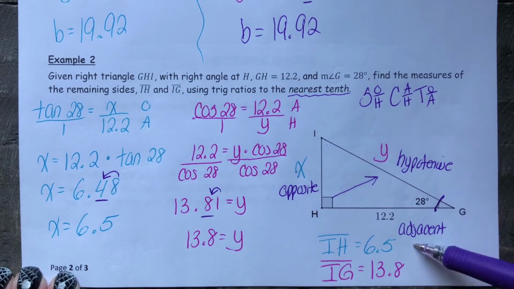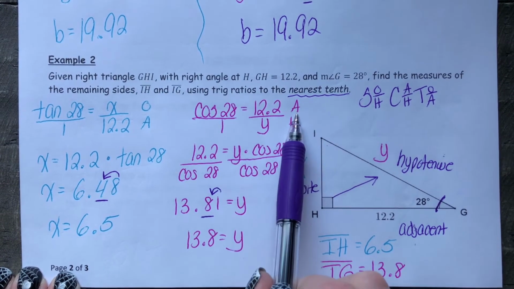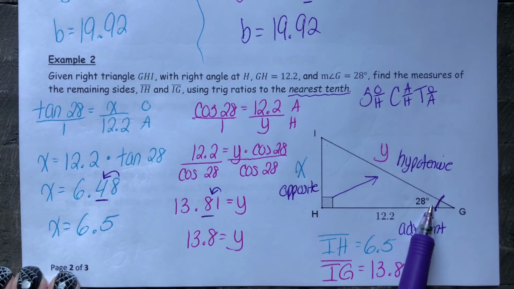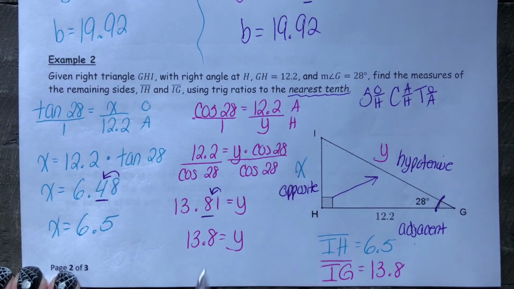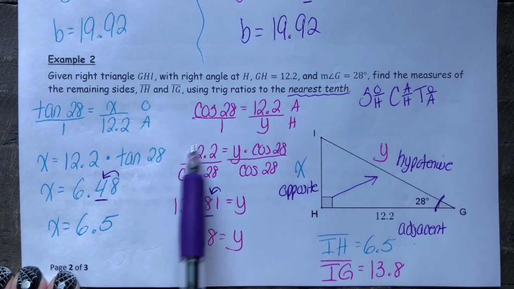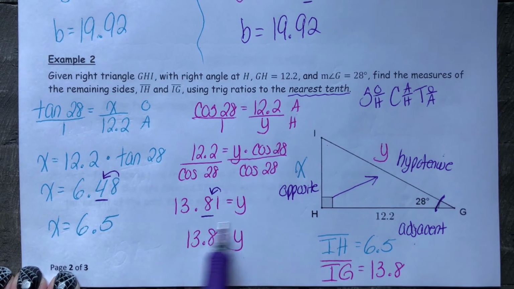So hypotenuse and adjacent, boom, boom, boom, there it is. That's the cosine function. So I'm finding cosine of 28. I plugged in my variable and my side length, right? You cross multiply, showing all your work, showing the pre-round, and your final answer.